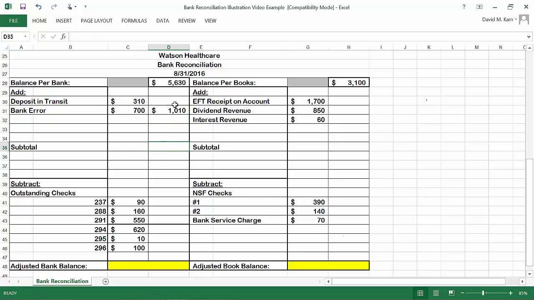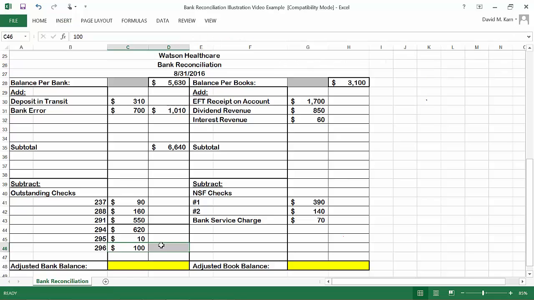And let's add this up to the beginning balance per bank to get a subtotal here. So we would take the 5630, we would add the 1010, and so right now we're at 6640 on the bank side. Now we need to add up all the outstanding checks, so let's do that.